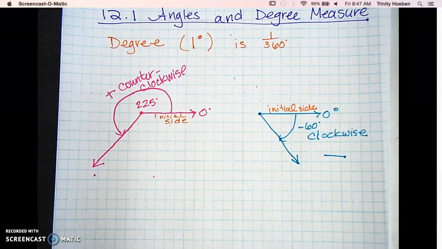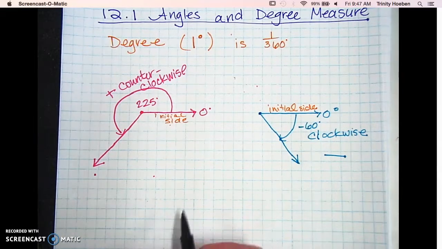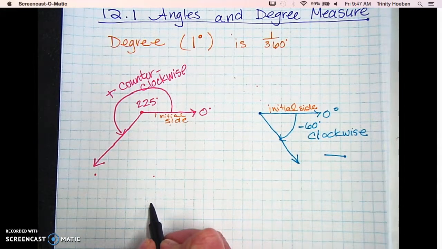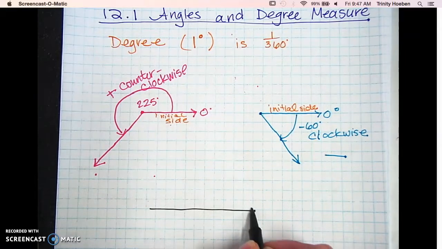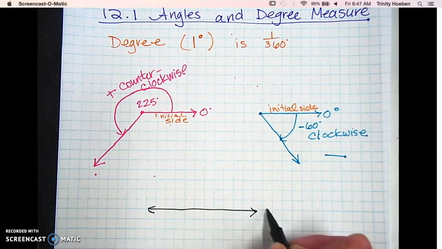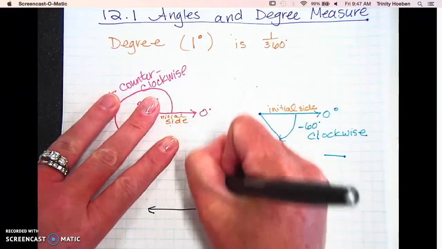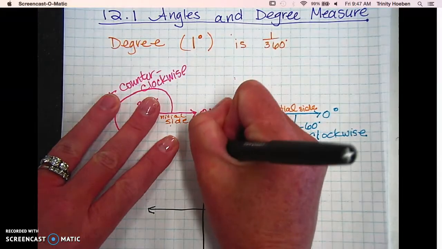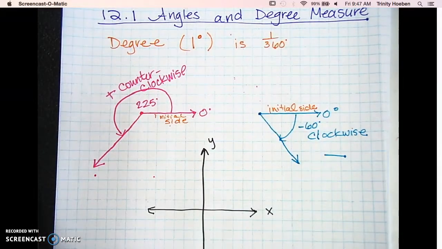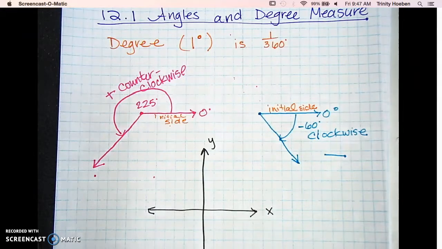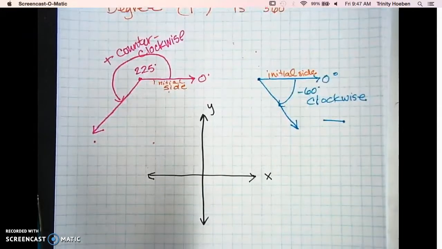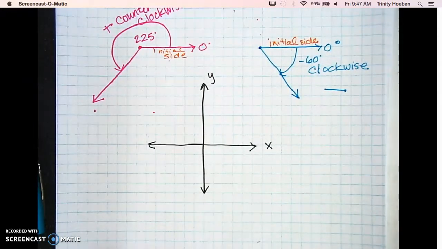So when you go to draw an angle, sometimes you're going to be asked what quadrant your angle is lying in. If you have an x-axis and a y-axis like this, there are obviously 4 quadrants. Quad meaning 4, so yes, 4 quadrants.